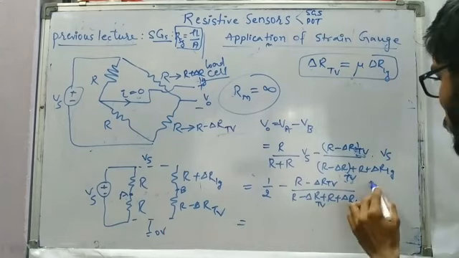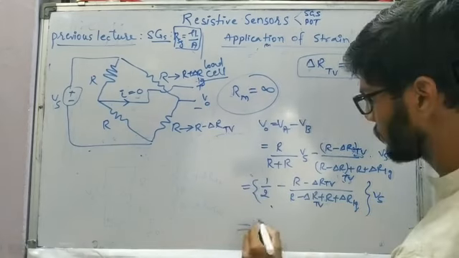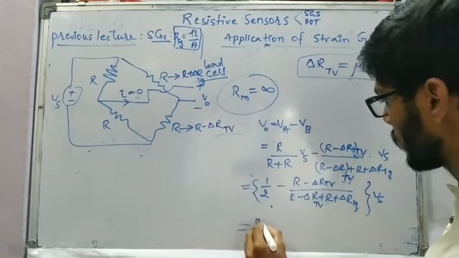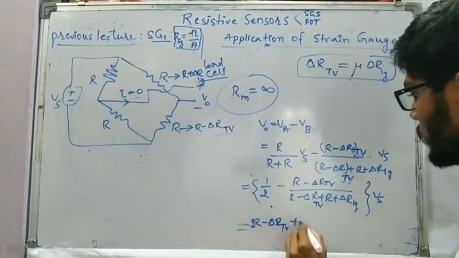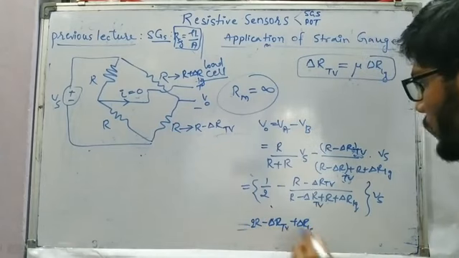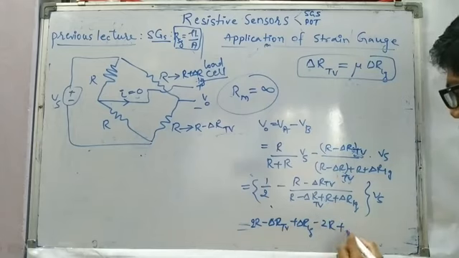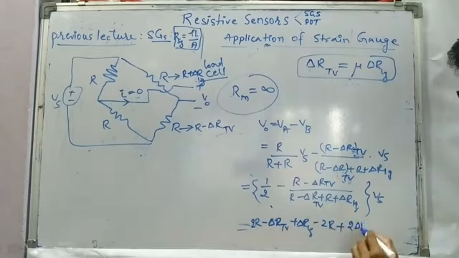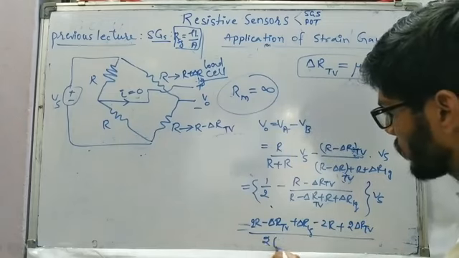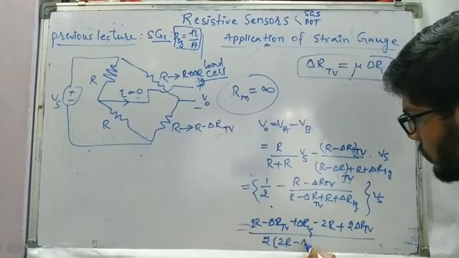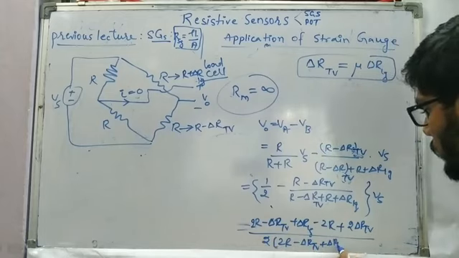Now we'll have to simplify it, and the whole thing is multiplied by Vs. R minus 2R minus delta R transverse plus delta R longitudinal, minus 2 times R, and minus will become plus 2 times delta R transverse, divided by 2 times 2R minus delta R transverse plus delta R longitudinal.